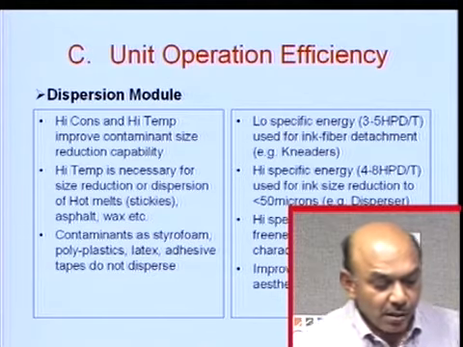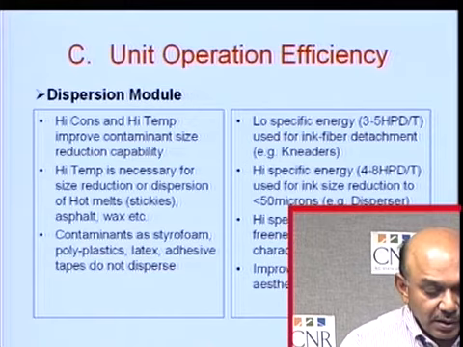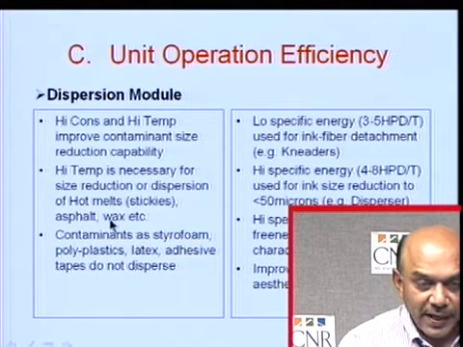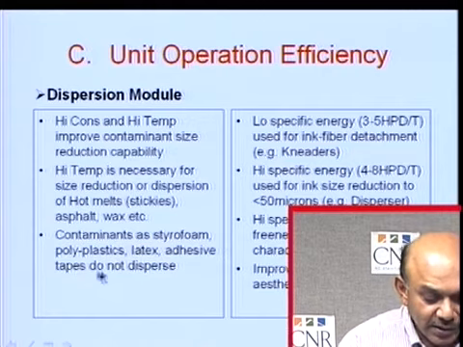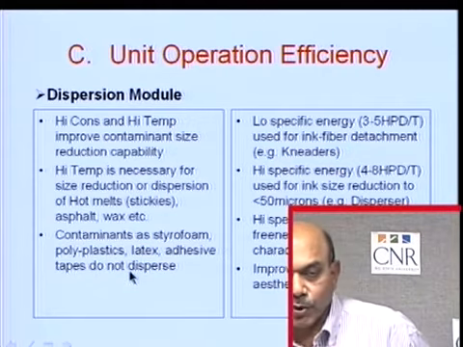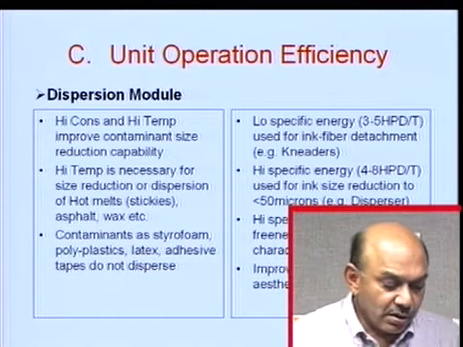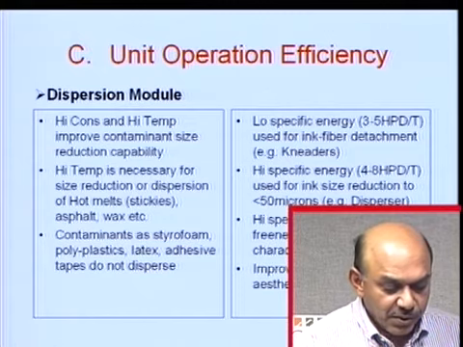And here we are talking about contaminants like inks, and dispersion of hot melt, stickies, asphalt and waxes. However, contaminants like styrofoam, poly plastic, and latex do not disperse. They are much more rigid or cohesive and will not shear off in high shear kneading or dispersion.